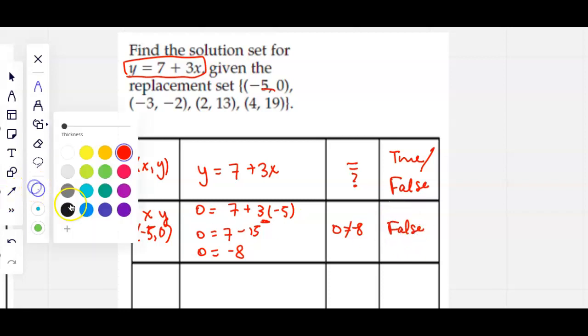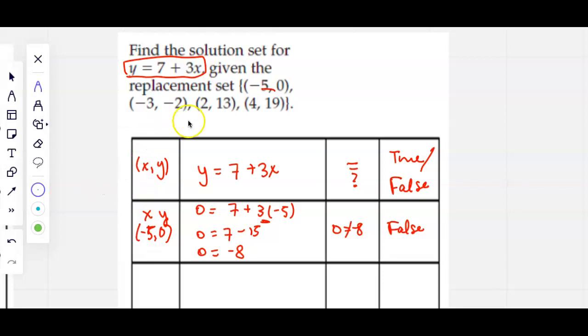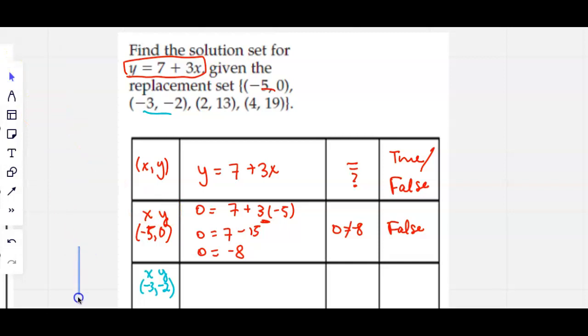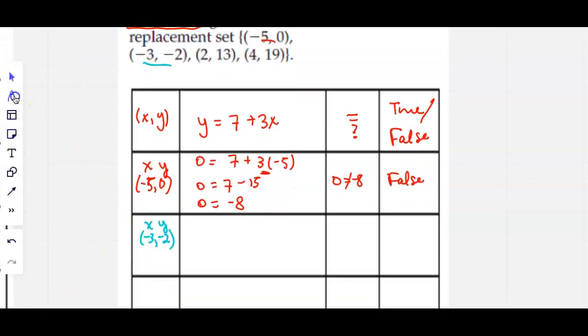There we go. And now change color and keep going. So next one's negative 3, negative 2. So negative 3 comes first, so that's x. Y is negative 2. And we're going to do the same thing. We're just going to keep looking up top to our equation and substitute in. So we know y here is going to be negative 2 equals 7 plus, and then 3 times x is going to be 3 times negative 3.